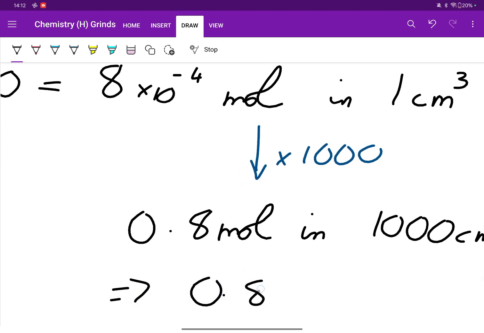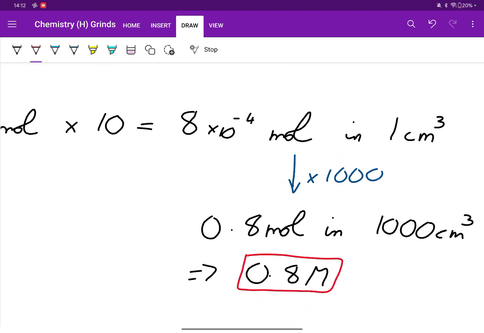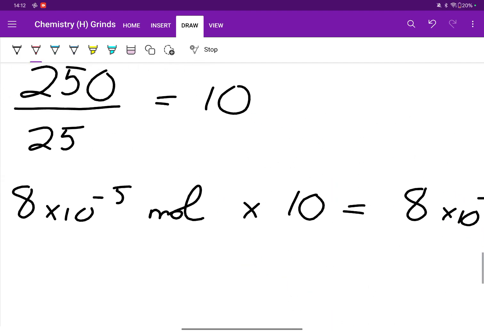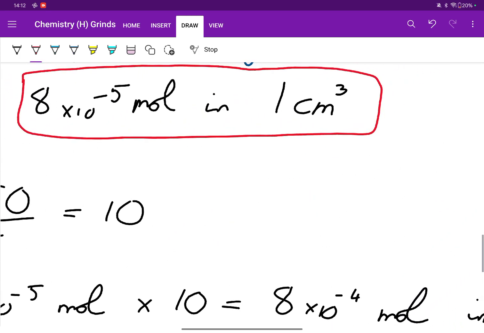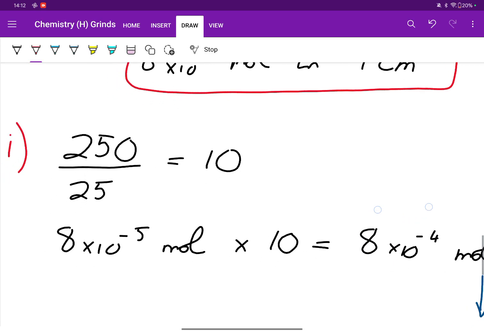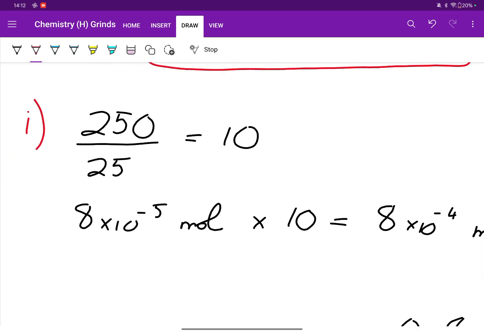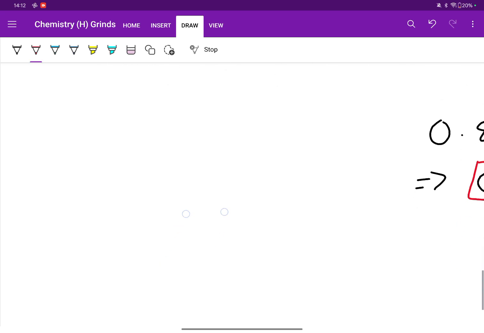So 0.8 molar. And that's the molarity of the original vinegar. So the important thing here is getting this dilution factor, and that's normally involved in any titration where there's liquids. So obviously this one, and I know the bleach one involves that as well.